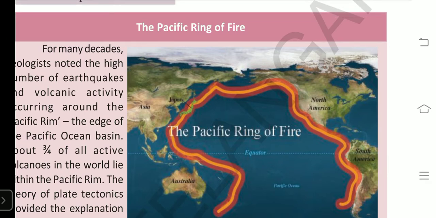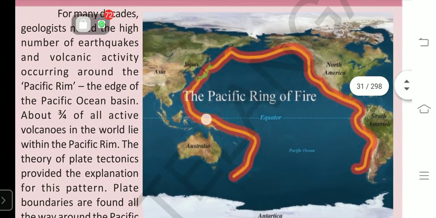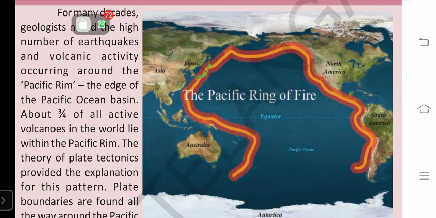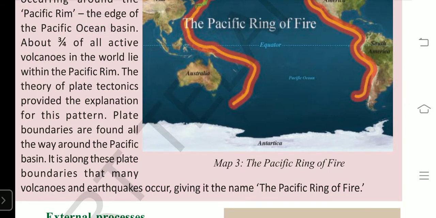So there is a collision of the Pacific plate with all other major plates. That is the reason we find many earthquakes and volcanic eruptions near the Pacific boundaries. So that many volcanoes and earthquakes are taking place.